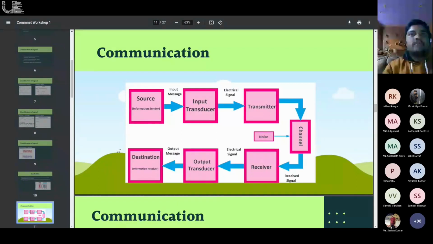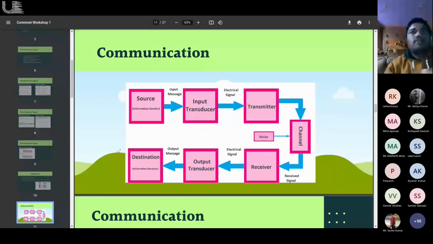Now let's take some other example. In your school you were having functions, right? Anyone having functions in their school where they are singing, dancing, reciting poetry?